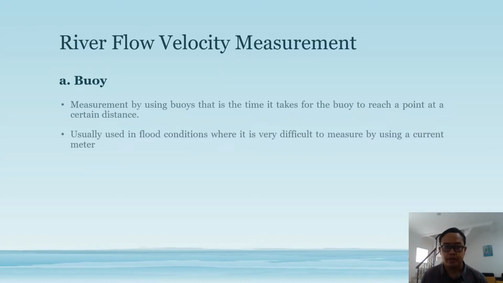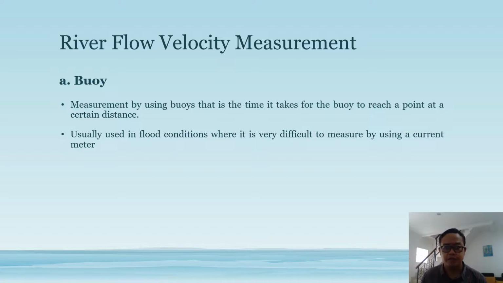In the measurement using buoys, 2 points will be set as a reference. Measurement by using buoys is the time it takes for the buoy to reach a point at a certain distance. It's usually used in flood conditions when it's very difficult to measure by using a current meter.